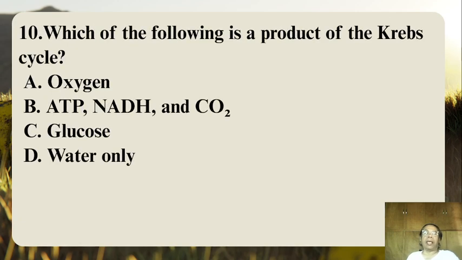Number 10. Which of the following is a product of the Krebs cycle? Letter A, oxygen. Letter B, ATP, NADH, and carbon dioxide. Letter C, glucose. Letter D, water only.